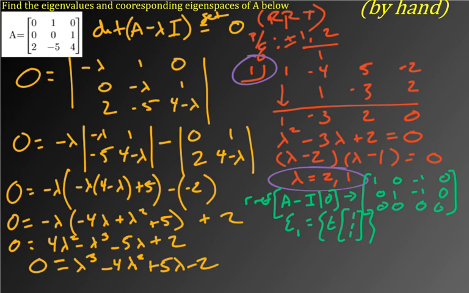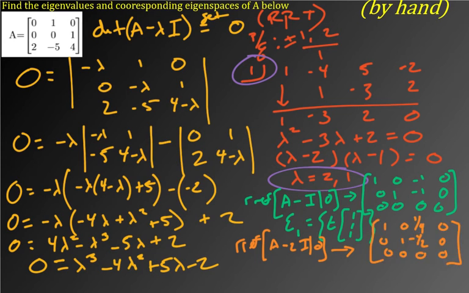And then you do the same thing. We'll do RREF of A minus 2I augmented with 0. And in this case, you get this matrix. And from that one, you can see that the eigenspace for 2 is the span of 1/4, 1/2, and then 1.